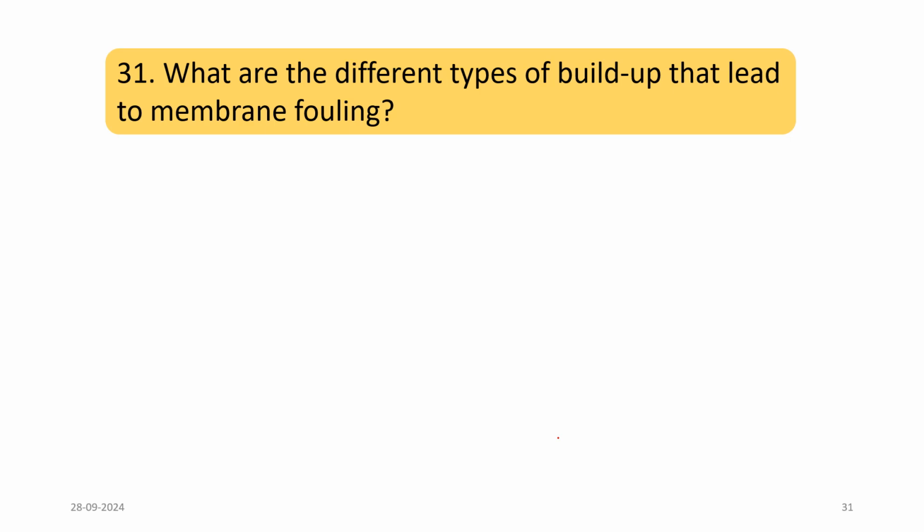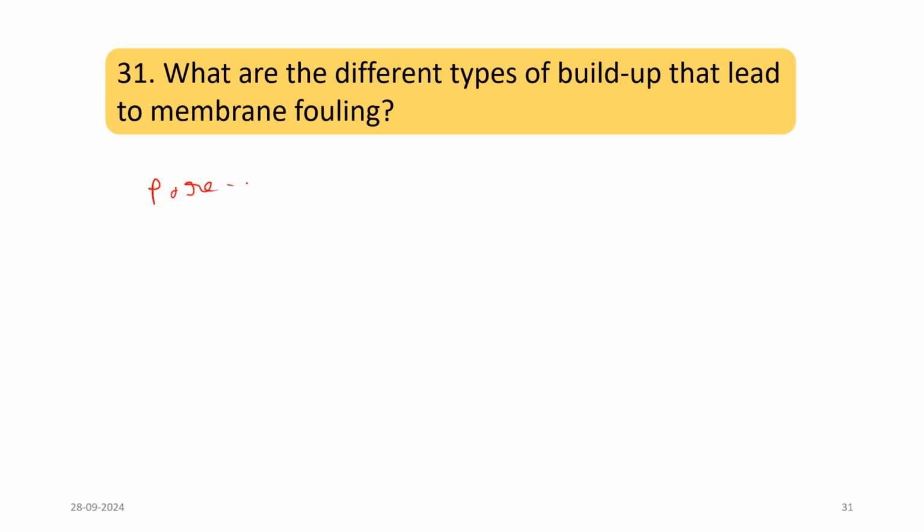That means so much cake is deposited on the filter that the pore size becomes narrower than the original. The second one is pore blocking. It completely blocks the pore, so no solution can pass through the filter anymore. That happens when the particles of the feed water become stuck in the pores of the membrane.